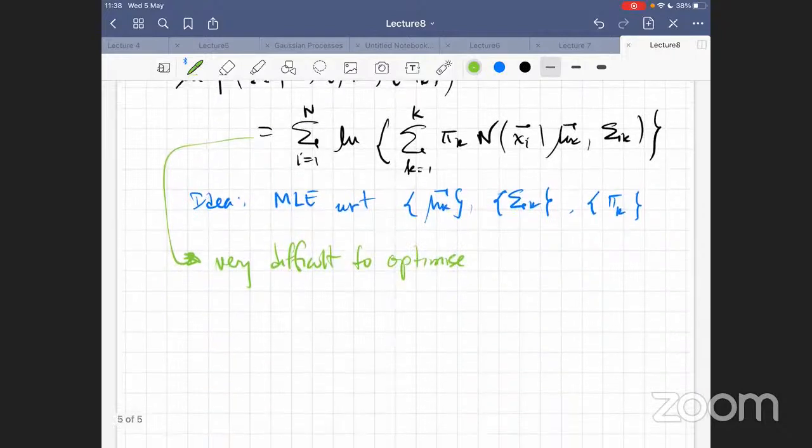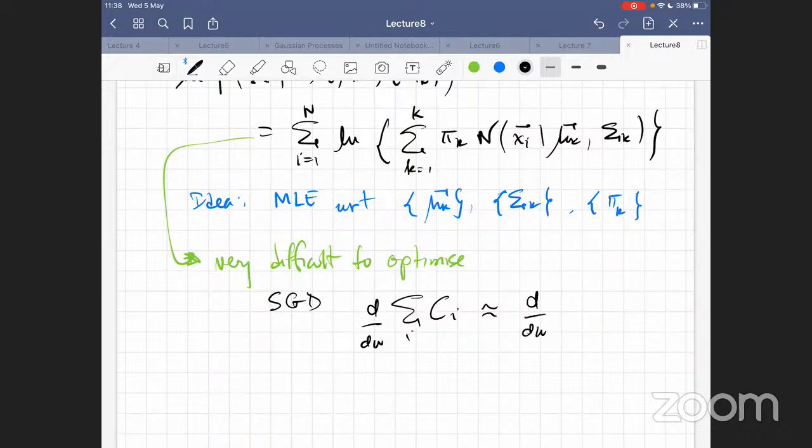And what I'm thinking about are techniques as, for example, in stochastic gradient descent that we have seen, where you know that you have in general a sum over some terms here, and if I differentiate this with respect to some parameter, it is approximated by just one of the terms.